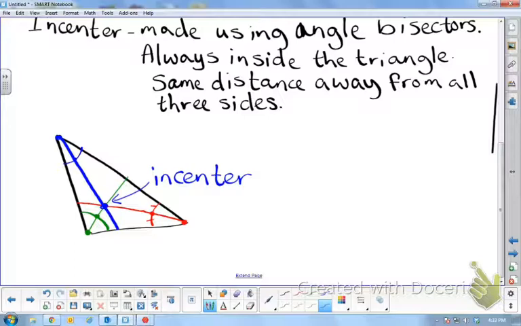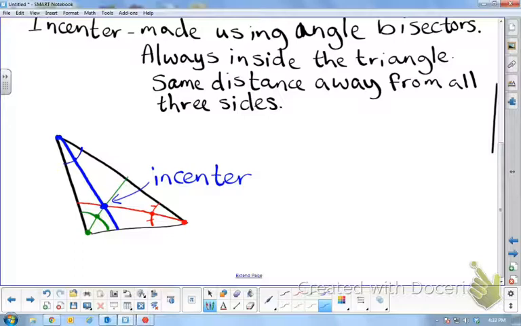Now this incenter is special because it's the same distance away from all three sides. If we were to draw a circle inside of the triangle, that would be the center point of our circle, and where the circle touched the edges of the triangle is where our incenter is the same distance away from the outside.